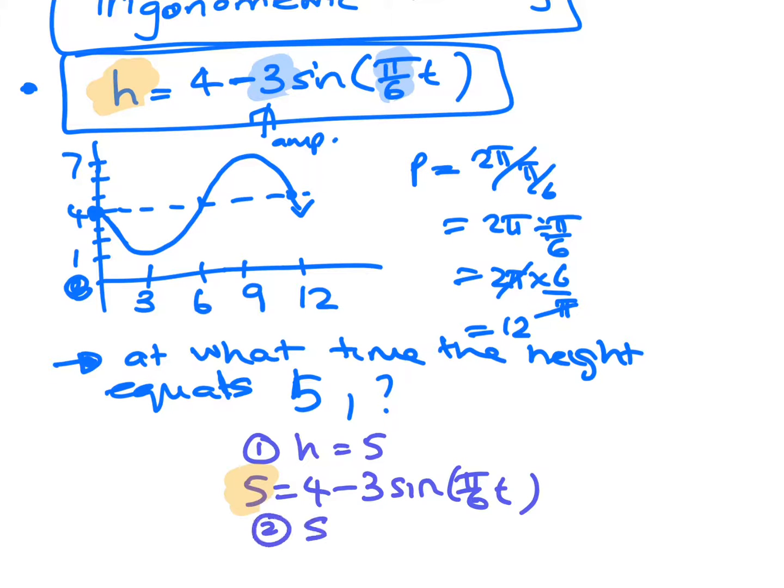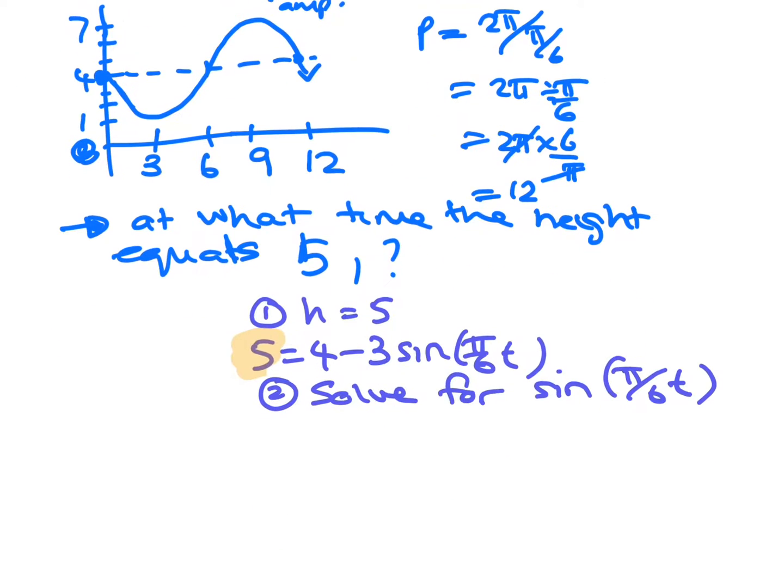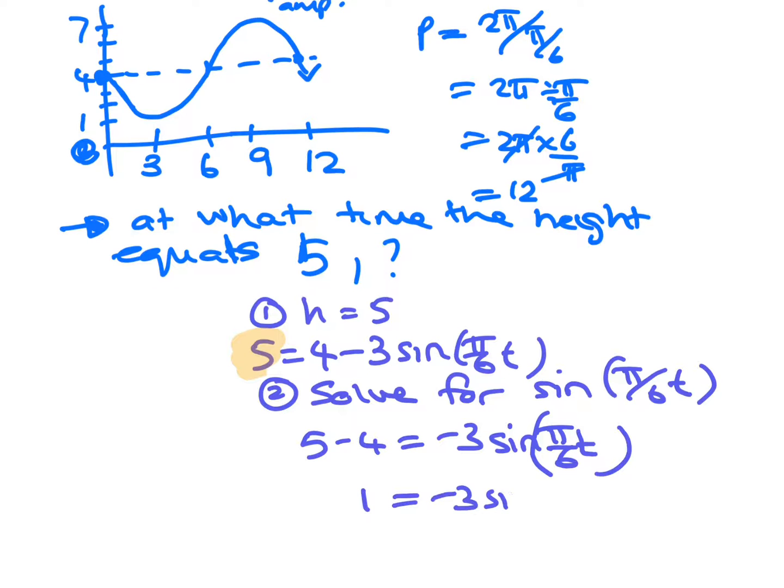Your next step then would be to solve for sine. So you have to solve for sine pi on 6t and make that the subject. So the first thing I'm going to do is take the 4 away. So you get 1 equals minus 3 sine pi on 6t.